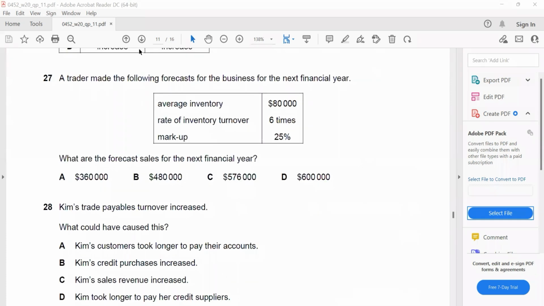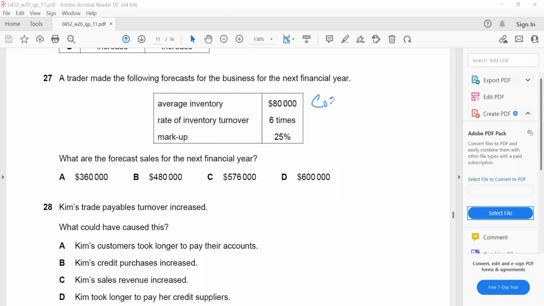Question 27. A trader makes the following forecast for the business for the next financial year. Average inventory, rate of inventory turnover. What are the forecast sales for the next financial year? So we use this information.